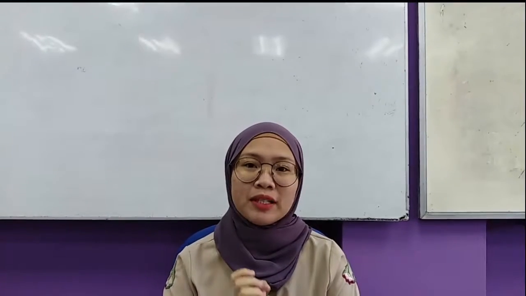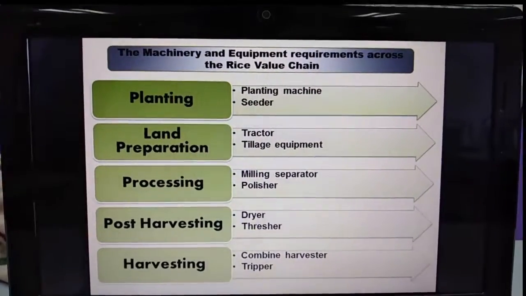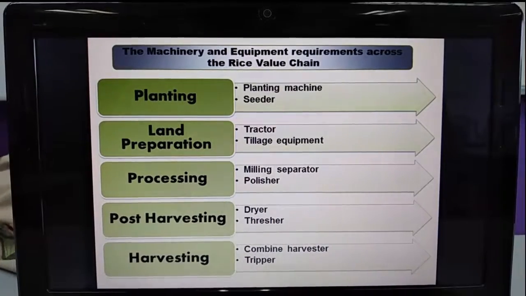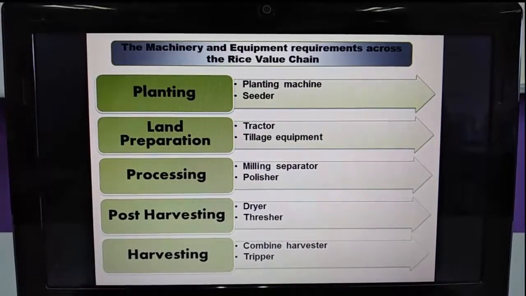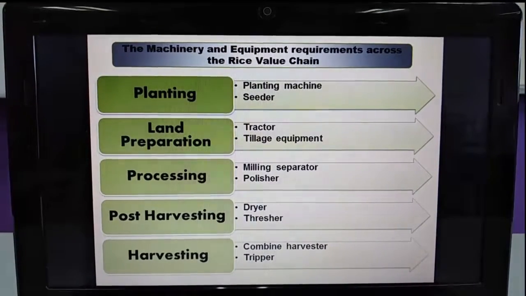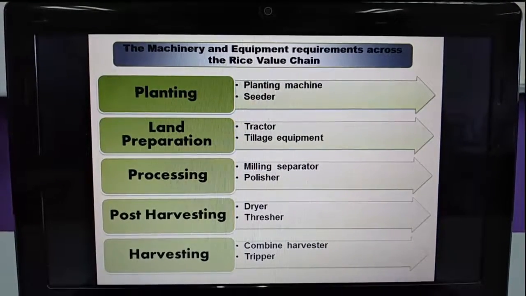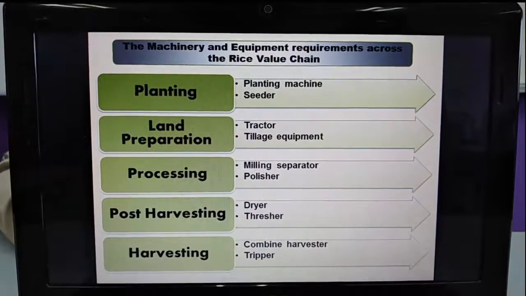Okay, here I will explain about the machinery and equipment across the rice value chains. First is planting. For planting, we use planting machines, a transplanter or seeder. Second is land preparation, where we use a tractor, leveler, plough, tillage equipment, and harrower.